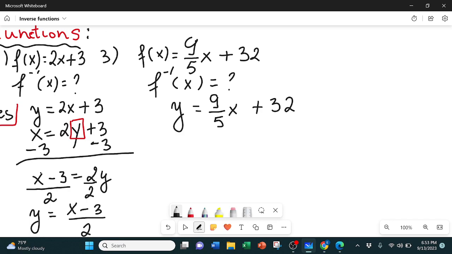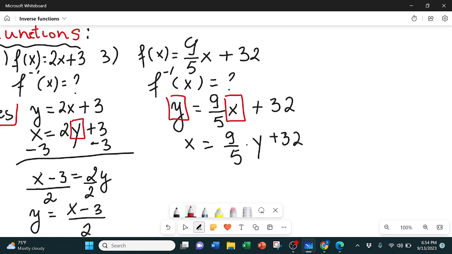And then I'm going to swap y and x. Here you go, y and x. I'm going to swap variables. So x equals 9 over 5 times y plus 32.